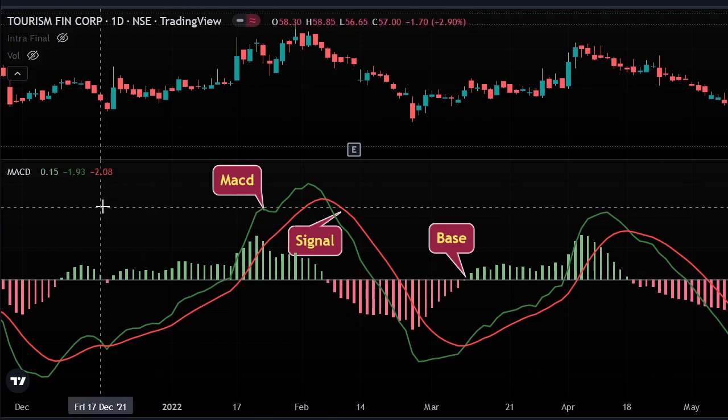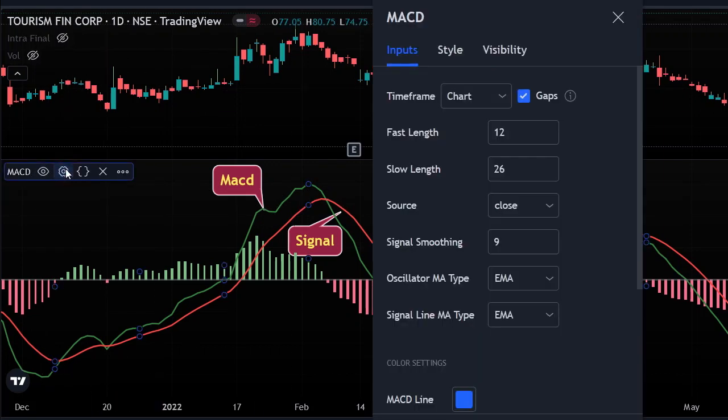So now let's check its settings. In moving average convergence divergence, we have fast EMA, slow EMA, and signal smoothing. Fast EMA is a 12 period exponential moving average.